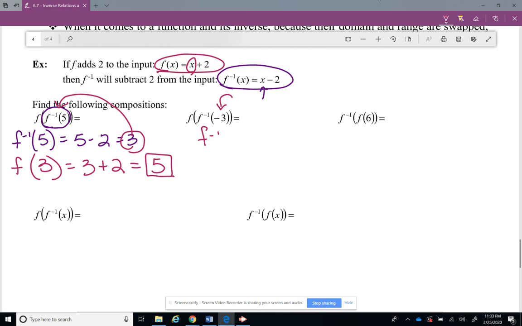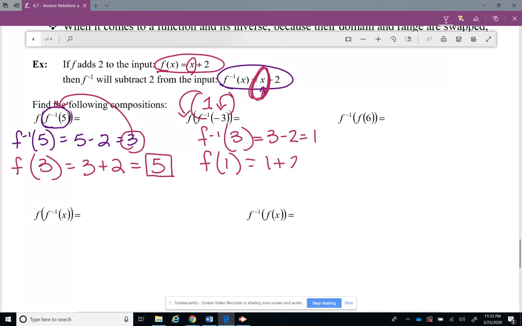So the inverse of f, we want to input 3. So I'm going to put 3 right here. So that's going to be 3 minus 2, which is 1. Now we're going to take that 1 and input it into f of x. f of x is x plus 2. So it's going to be 1 plus 2, which is 3.